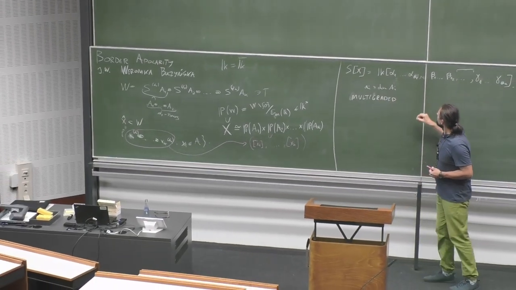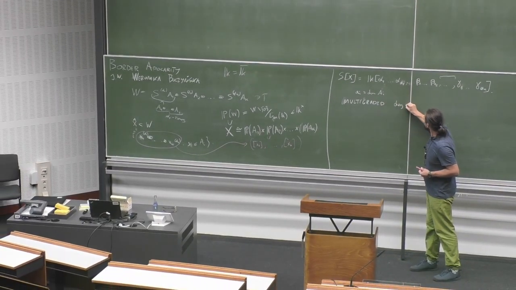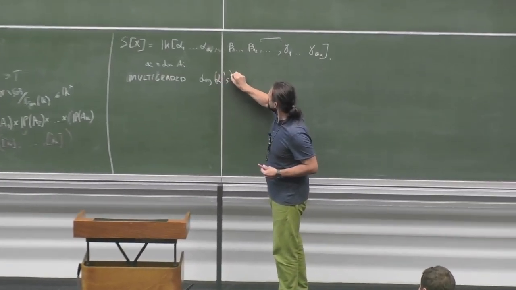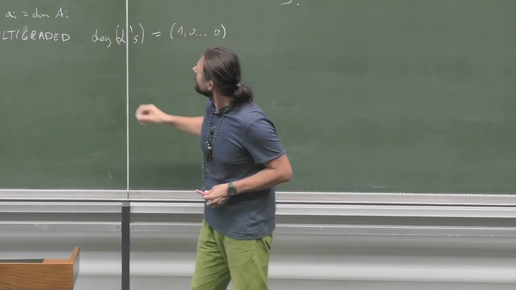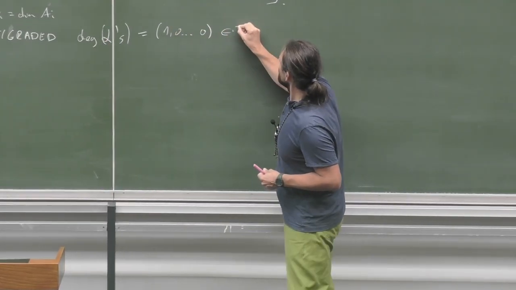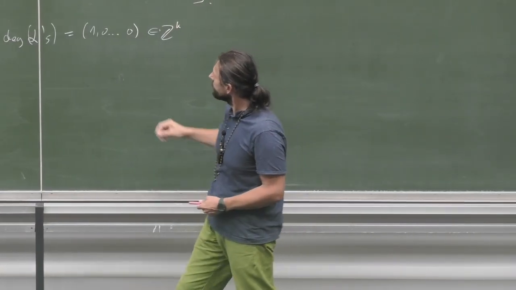This means that the degree of each alpha is equal to (1,0,0,...), multi-graded by k integers.